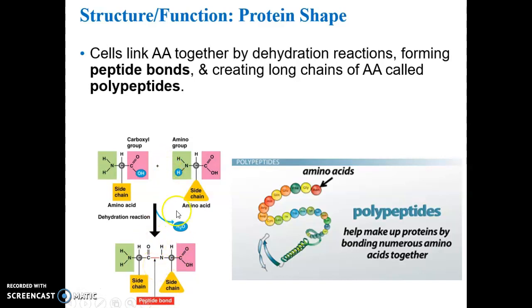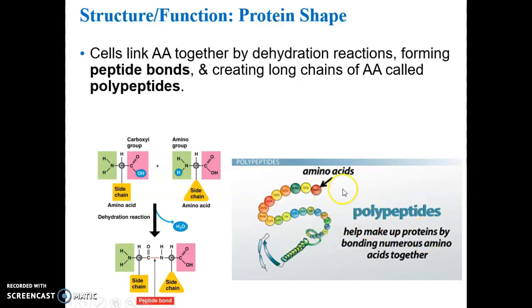Your cells do this hundreds and hundreds of times, up to thousands of times, to form a long chain of amino acids covalently linked together, and that's referred to as a polypeptide. Then the polypeptide is modified later within the cell to make the functional protein that will do whatever it's supposed to do in the cell.